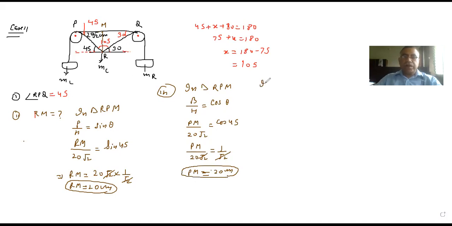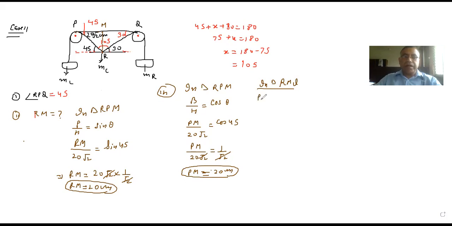Now, in triangle RMQ, now see, this is R, this is M, this is Q. I want to get MQ. MQ is base. RM is known to me. RM I have calculated, this is 20.